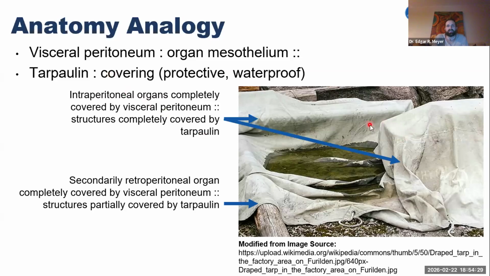So in this particular image here, we can see that these regions appear to be completely encased or covered by our tarpaulin. So these would be examples of intraperitoneal organs. Whereas here, we see that the tarpaulin is only covering part of a surface of this structure because it can't completely wrap around it. This would be a secondarily retroperitoneal organ.